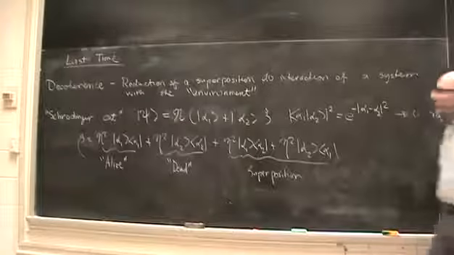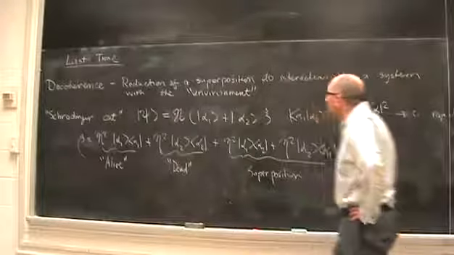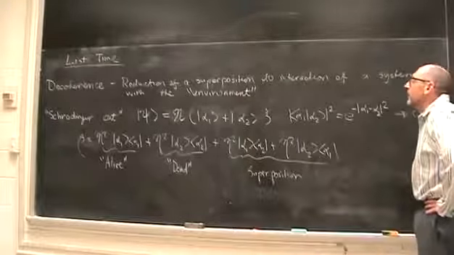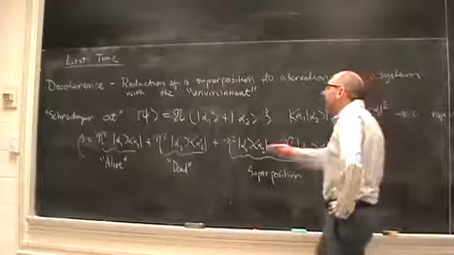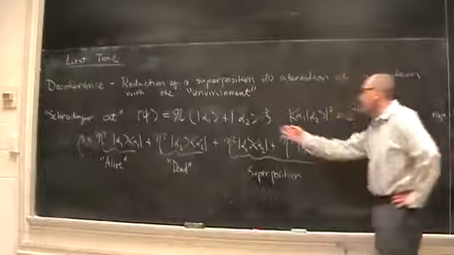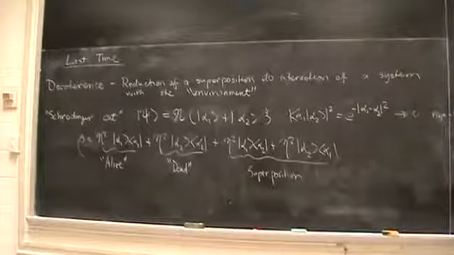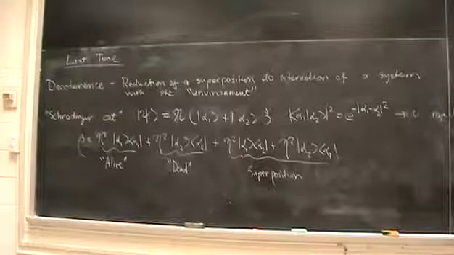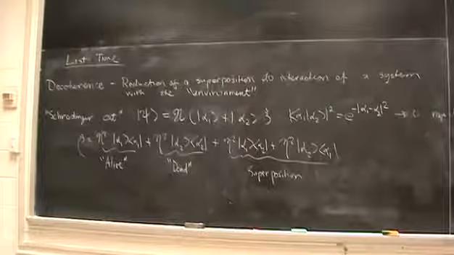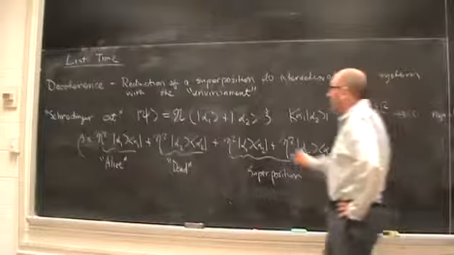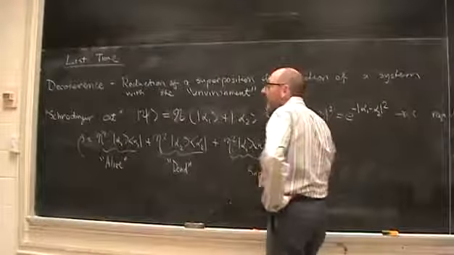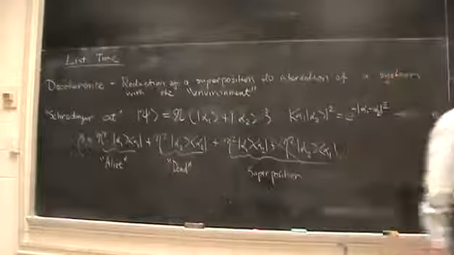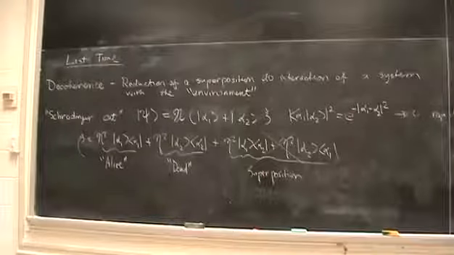The state of this system is a superposition state. It has diagonal and off-diagonal elements with respect to these different coherent states. And the act of decoherence is the act by which these off-diagonal elements damp.